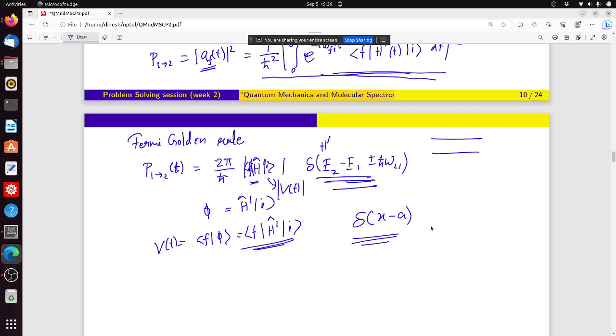It will be a peak only at a, right? If this is the x-axis and this is a, then this function will peak at a and everywhere else it is 0. So this value is 1 when x equals a, and 0 when x is not equal to a. Right. So what does this Dirac delta function imply here? What does this mean?